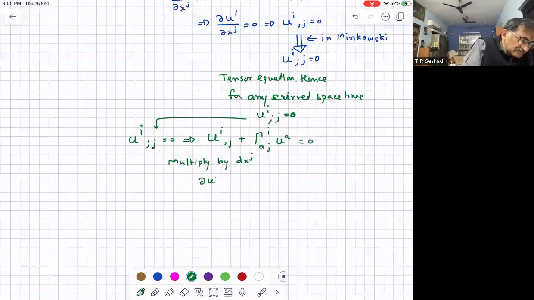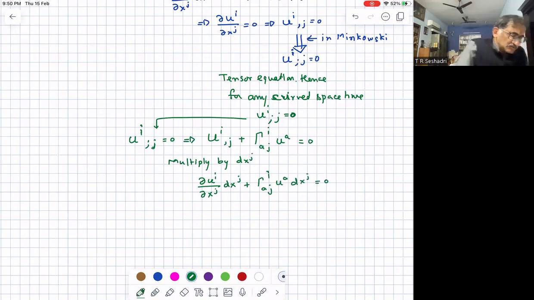So, I have (∂u^i/∂x^j) dx^j plus Gamma^i_{aj} u^a dx^j equal to 0. Divide throughout by ds.